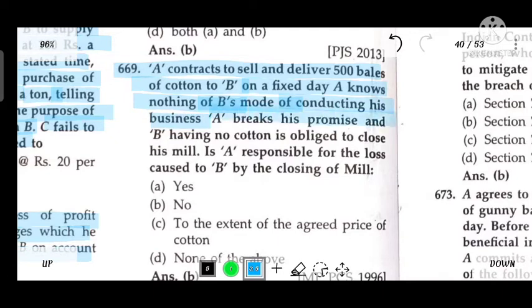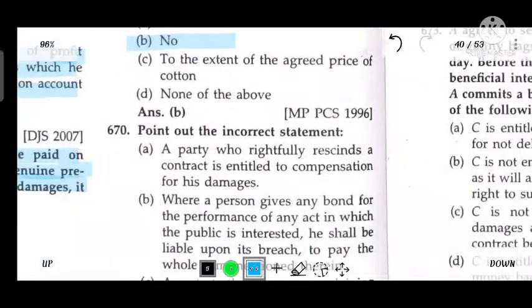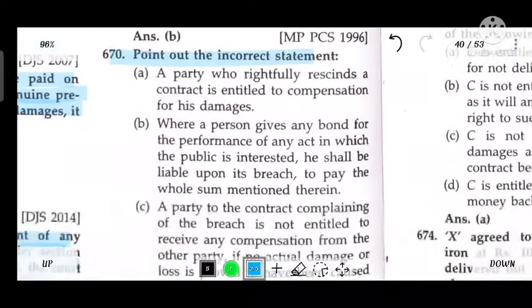A breaks his promise, and B, having no cotton, is obliged to close his mill. Is A responsible for the loss caused to B by the closing of the mill? No.